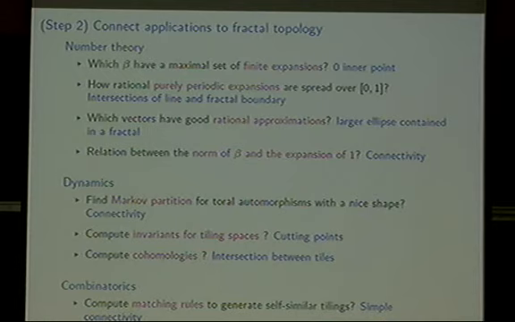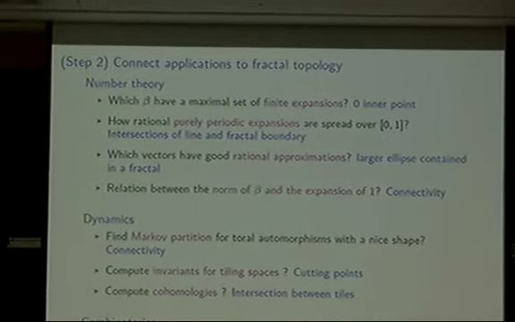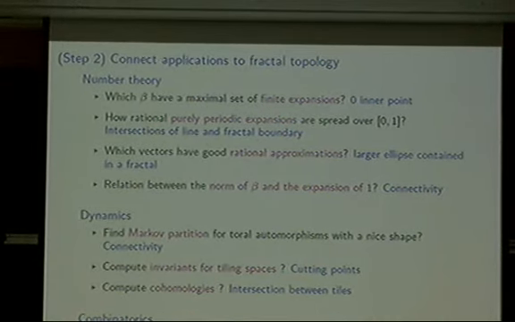I start from a self-similar mathematical object. I encode it into a substitution which gives me a fractal, and I also encode the self-similar process into a graph, and I make the relation between the fractal topology and the graph, and the first initial question.